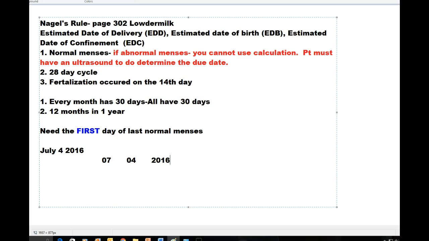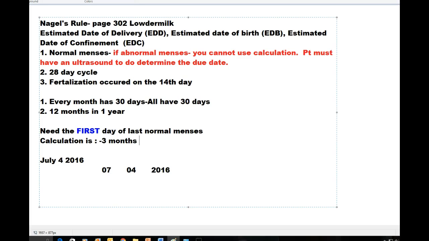So now we're going to employ our calculation. The calculation is minus, or you subtract 3 months, you add 7 days, and you add 1 year.